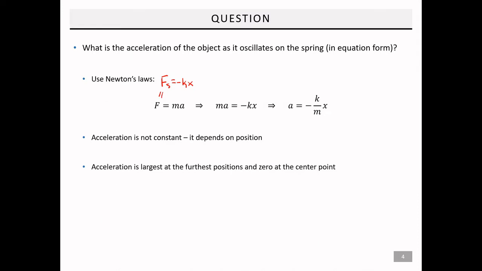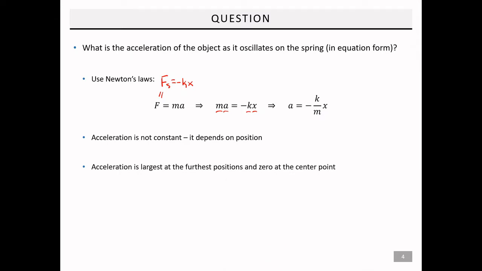This brings us to the middle equation, which says that the mass of the object times the acceleration of the object is equal to minus the spring constant times the position of the object. If we solve for a, we get the equation on the right side, which is the answer to the question.